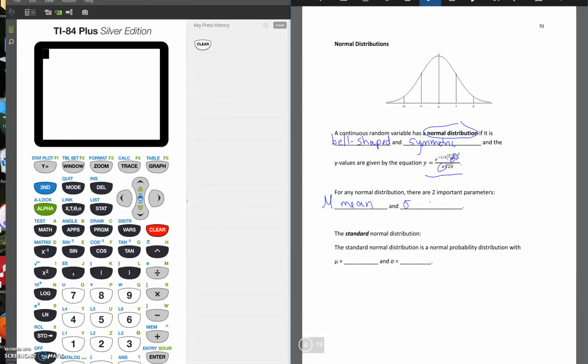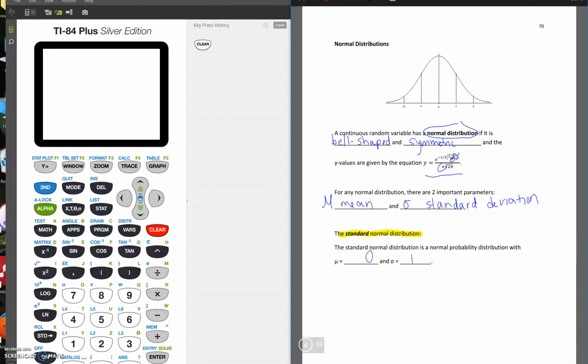And then sigma, the standard deviation, is needed. For what we call the standard normal distribution, what we'll be learning about first, the mean is 0 and the standard deviation is 1.